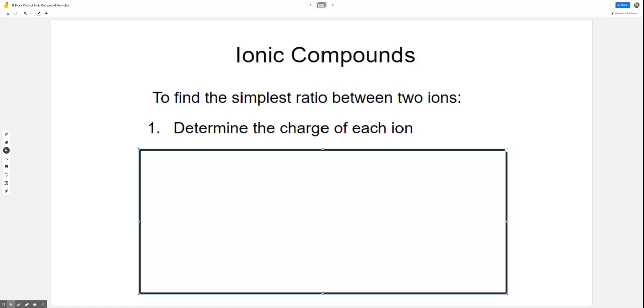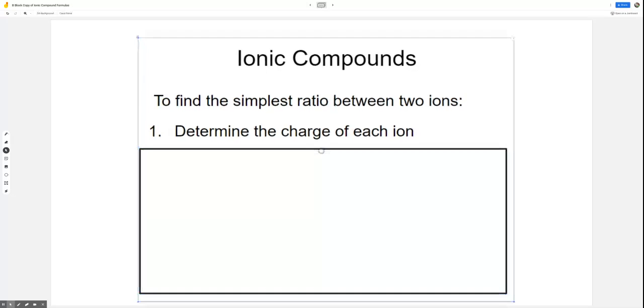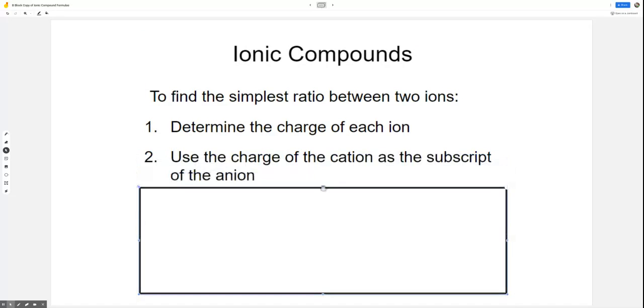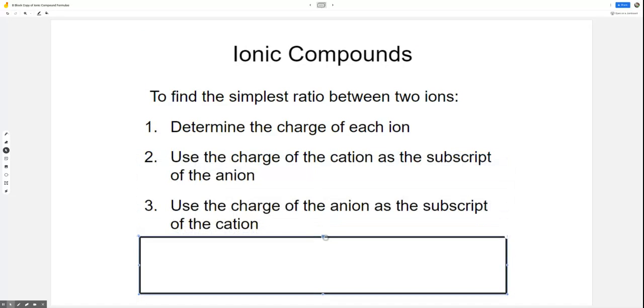Now, these next two steps are the ones that probably won't make sense until I show them to you. They're basically the same step in reverse. Step 2 is going one way, step 3 is going the other way.